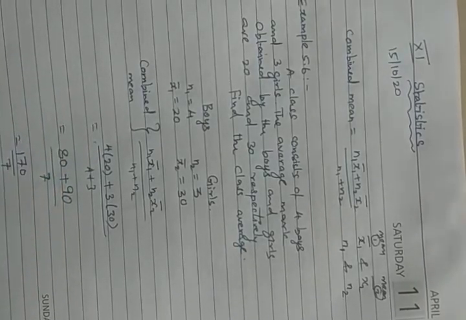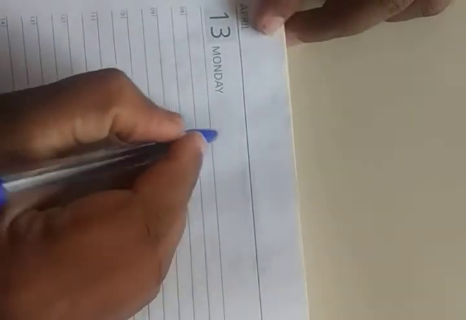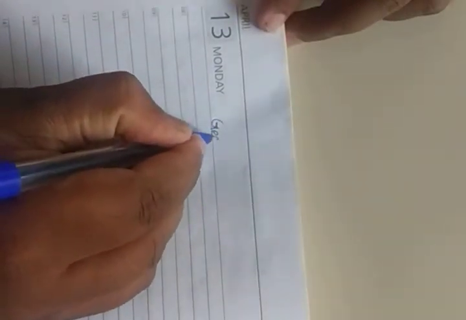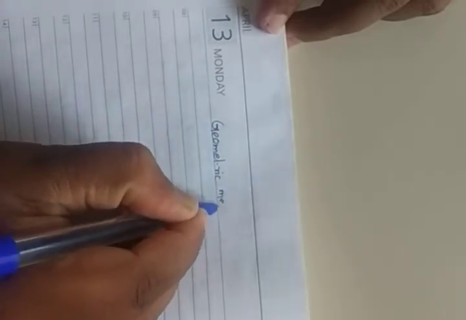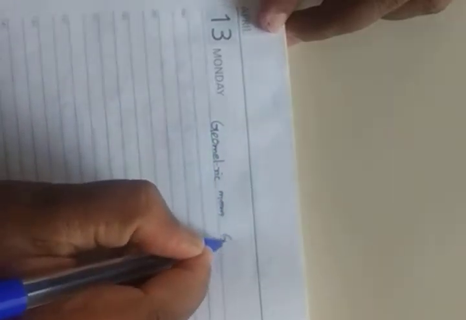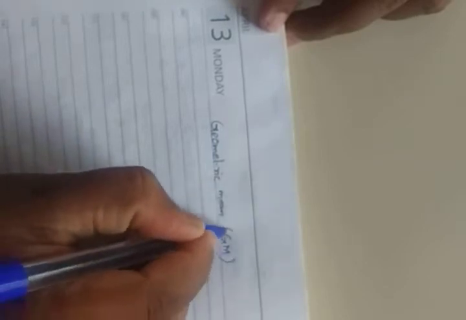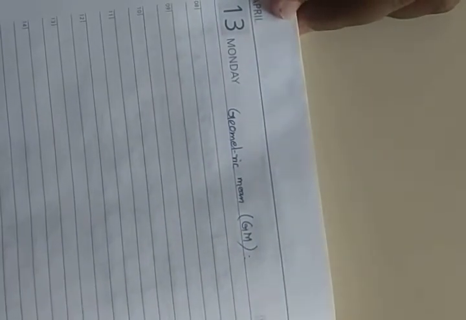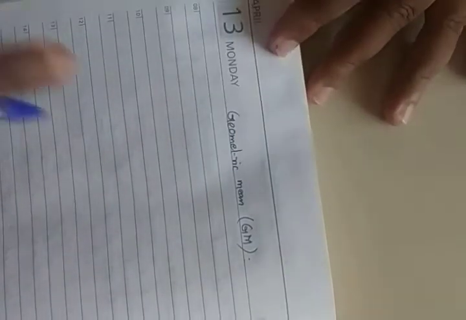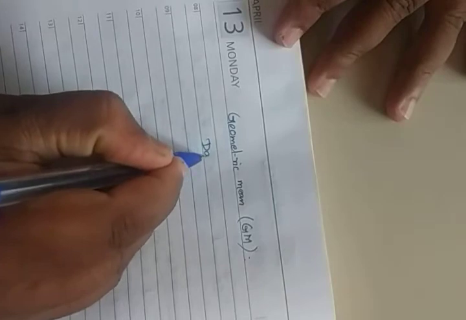How we are going to calculate the geometric mean, we will see. We will call it GM in short. Here also we have data.